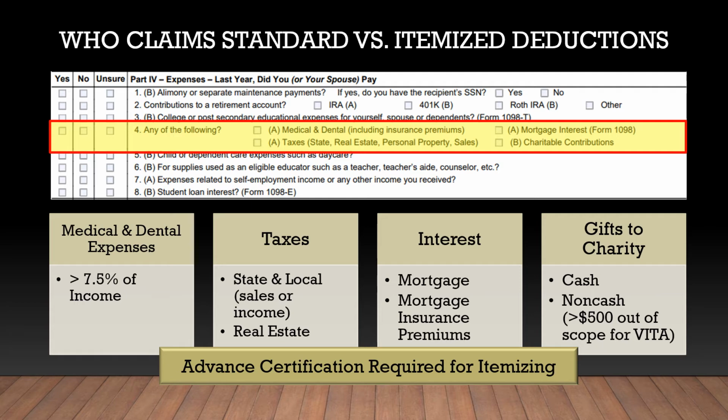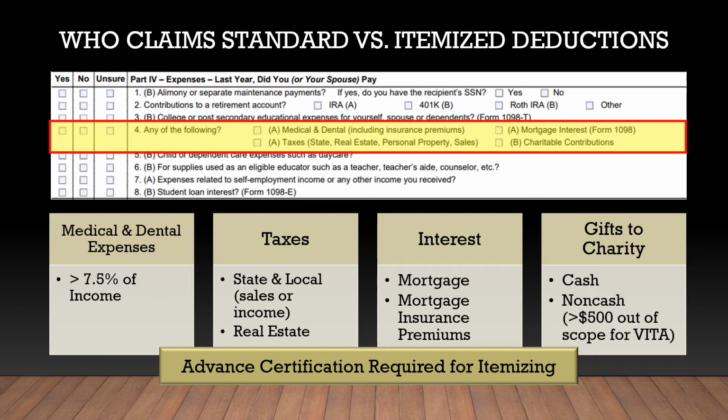Another area where people are allowed to deduct is for interest. And this is most specifically mortgage interest. So again, this is something that most often benefits homeowners. So are they paying mortgage interest?